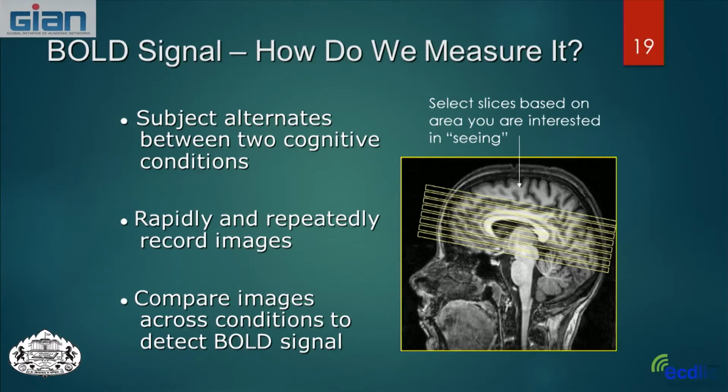Another thing that we do in functional MRI is that we try to get as small slices as we can. So as we're collecting, they collect every other slice, and then they go and collect every other slice again. The reason this is done is because we're collecting so quickly that the tissue has to return to its normal state, get back in alignment with the field, and we don't want the tissue in the previous slice to be influencing our next slice.